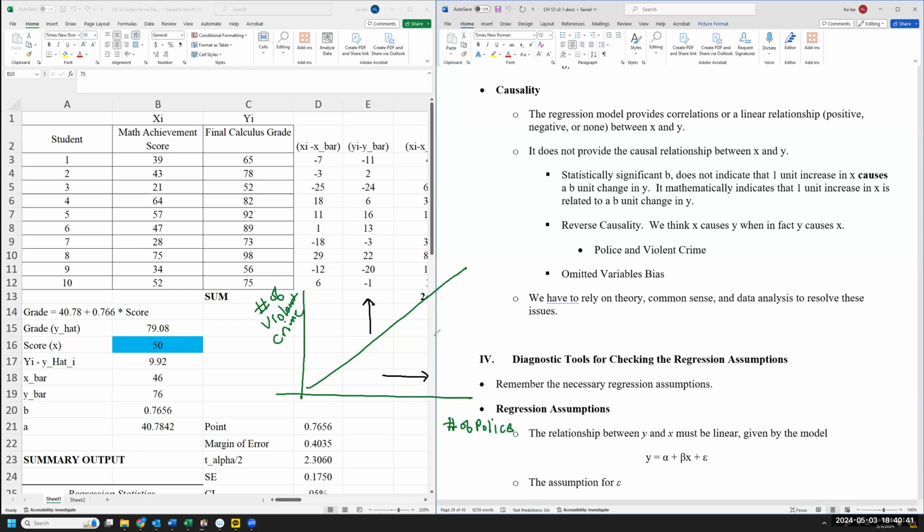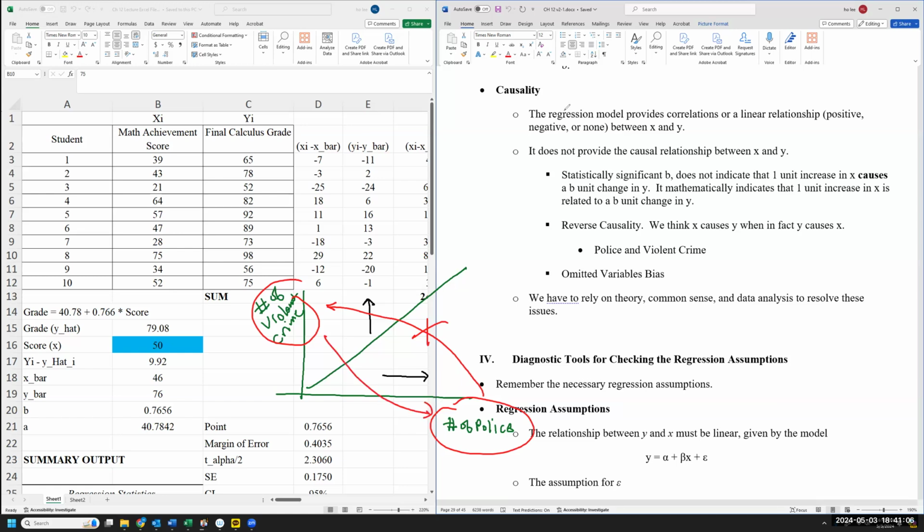But just understanding what police and violent crimes are, it's not that the increasing number of police impacts the number of violent crimes. It's actually this way.